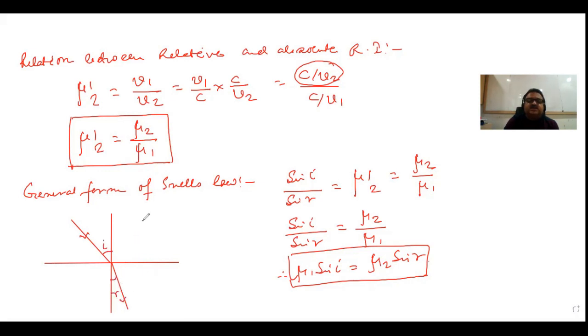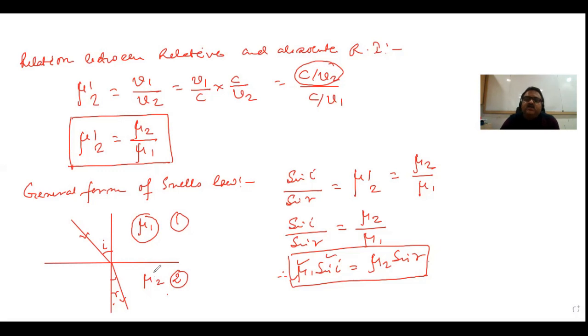And this is mu1 and this is mu2. That means this is the absolute refractive index of medium 1 and this is the absolute refractive index of medium 2. So the absolute refractive index of this medium multiplied by the sine of the angle of incidence is equal to the absolute refractive index of the second medium multiplied by the sine of the angle of refraction. Is it clear? This is the technique of applying this formula.